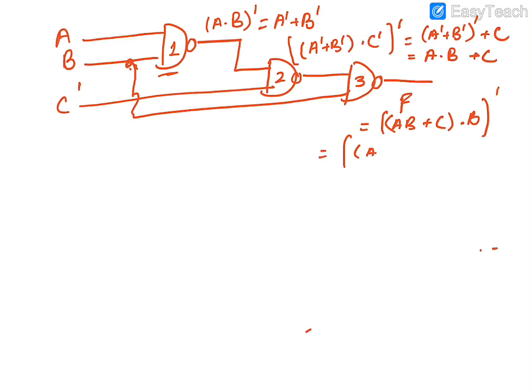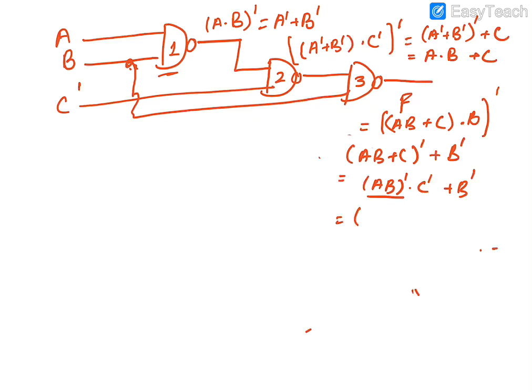So using De Morgan's law again, we will have (AB plus C) whole prime plus B prime, and this will be equal to (AB) prime dot C prime plus B prime, which is (A prime plus B prime) dot C prime plus B prime.